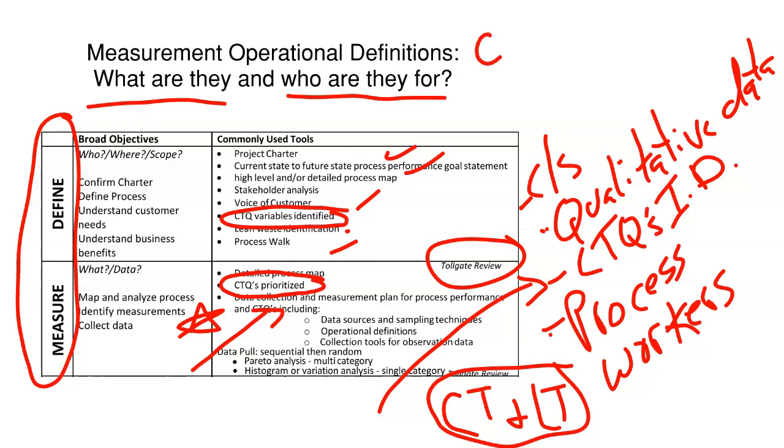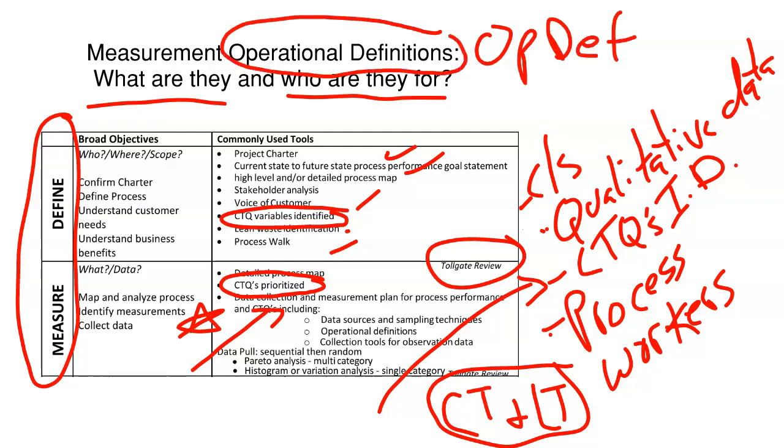Operational definitions, or OPDEFs, help to make sure that everybody understands the things to be measured, these CTQs. They also create some rules or pro tips or advice on how you go about collecting it. Operational definitions are not for your team.